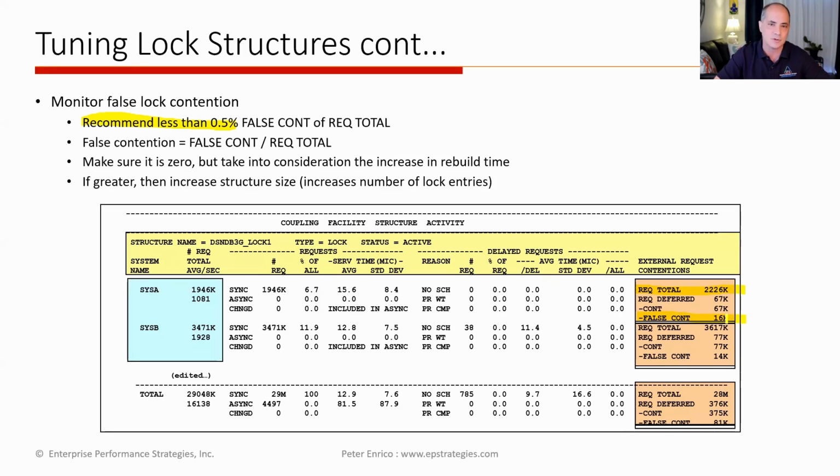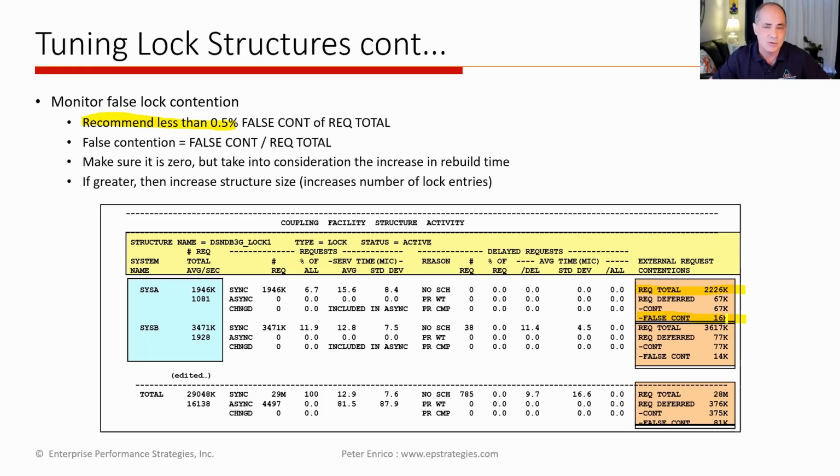We want to make sure the false contention number is less than half of 1%. You will always have false contention, so we want it to be less than half of 1%. If you find yourself above that threshold, you're going to have to do some tuning.